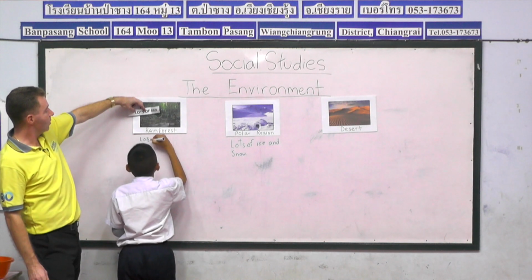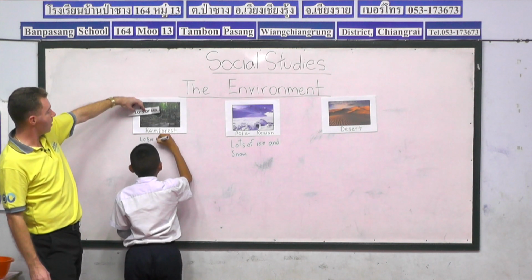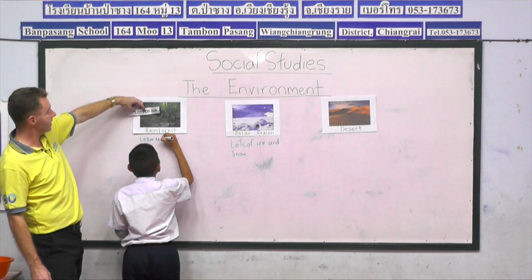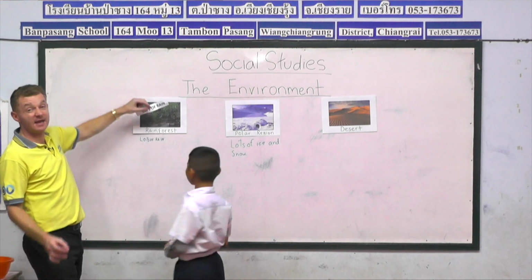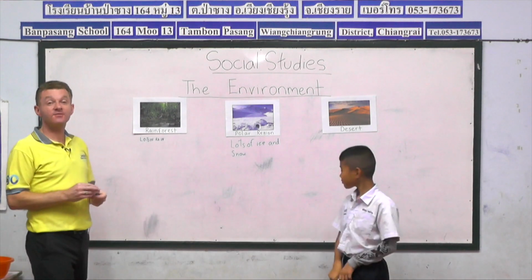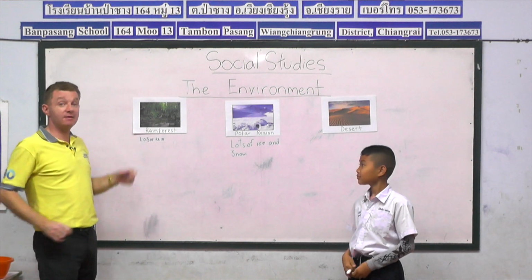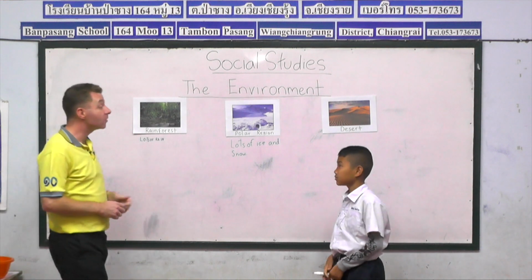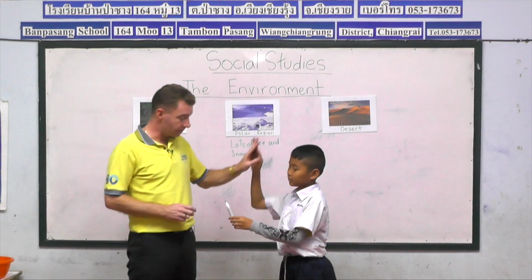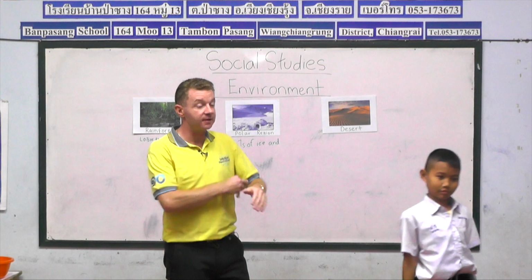L-O-T-S. F-R-A-I-N. The clue's in the name, rainforest. So let's say together, guys, lots of rain, rainforest. Bangpon, that was brilliant. High five and a big round of applause for Bangpon, please, guys.